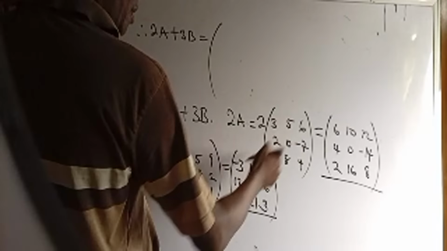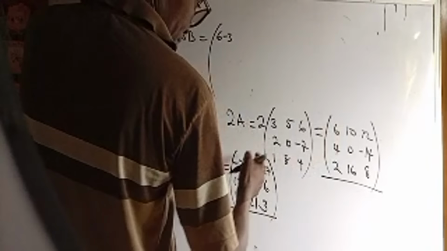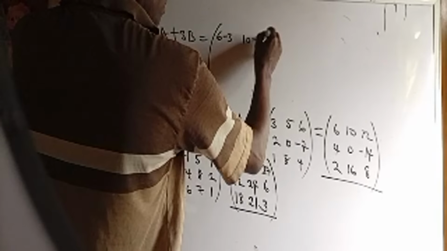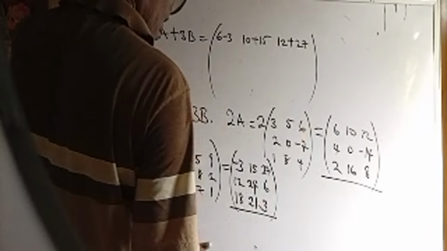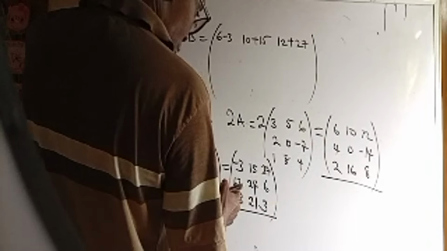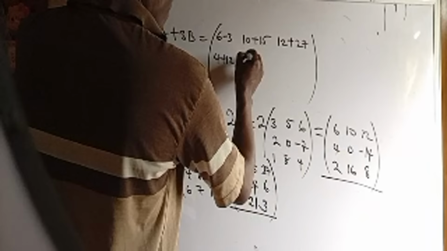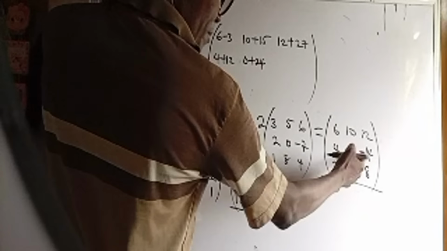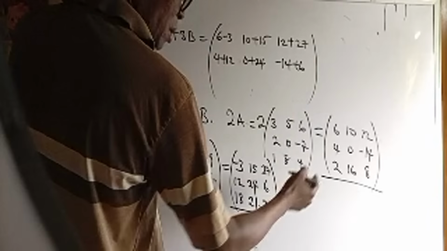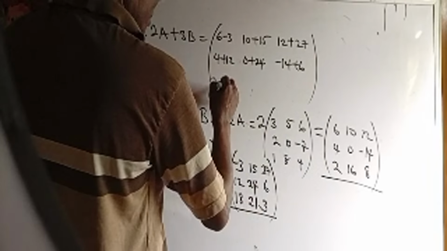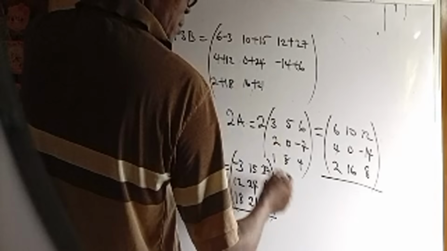So let's add them. 6 minus 3, 10 plus 15, 12 plus 27, 4 plus 12, 0 plus 24, minus 14 plus 6, 2 plus 18, 16 plus 21, 8 plus 3.